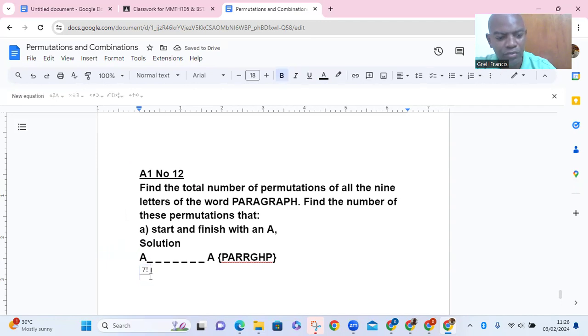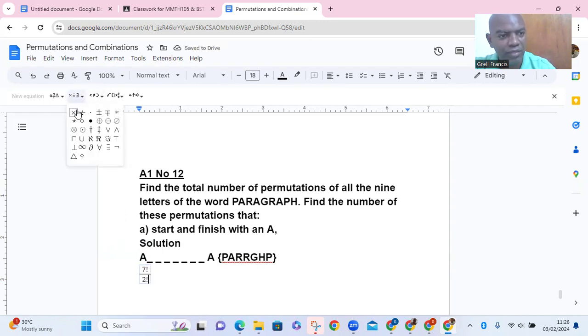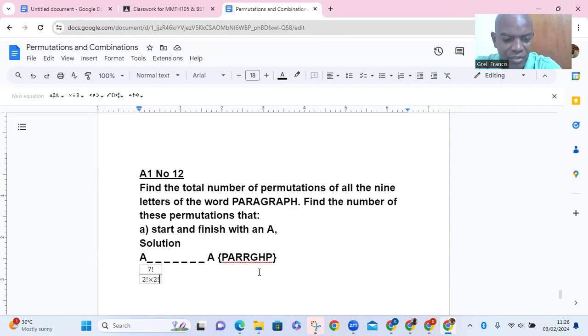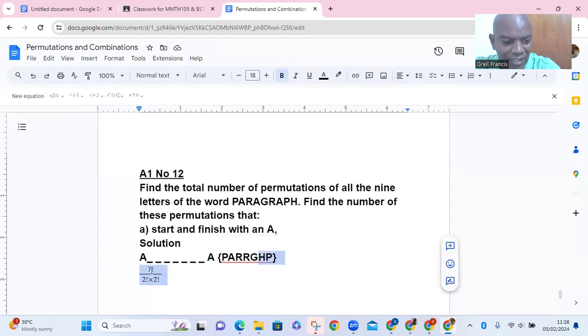So we've got to divide by 2 factorial times 2 factorial, because the 2 P's and the 2 R's, when swapped amongst each other, do not create any new distinct arrangement. So therefore, their repetitions have to be divided out. So 7 factorial arrangements divided by 2 factorial times 2 factorial.